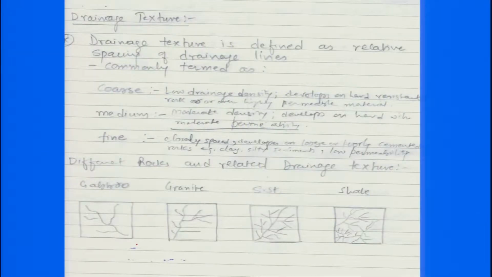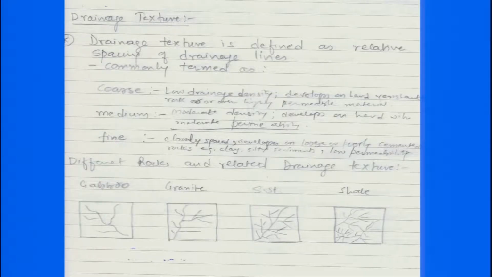So, if you look at the drainage texture, considering the different types of rocks, igneous rocks like gabbro and granite, sandstone, sedimentary rock and shale, the drainage texture varies from coarse to fine.